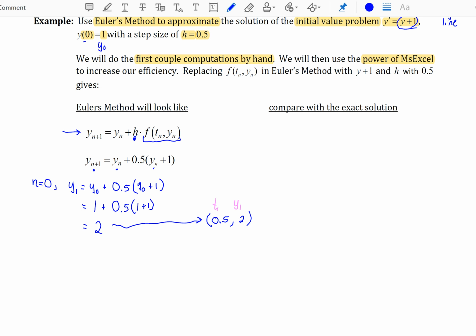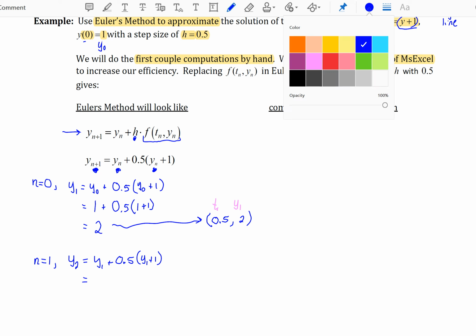Okay. If we continue to get our next iteration, we're going to be letting n equal 1. Now, if n equals 1 here, then we're going to have y2. If n is 1, this is going to be y1 plus 0.5 times, again, if n is 1, y1 plus 1.